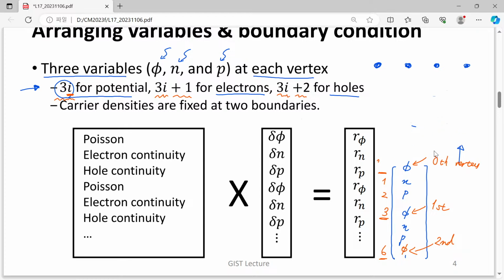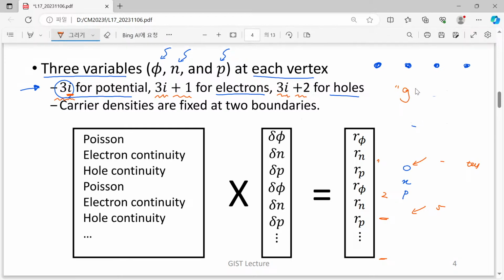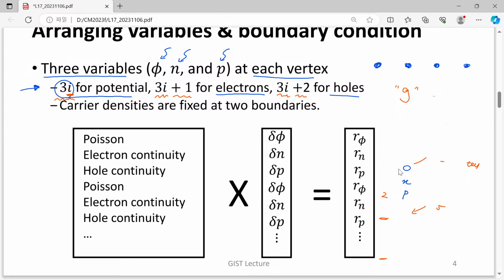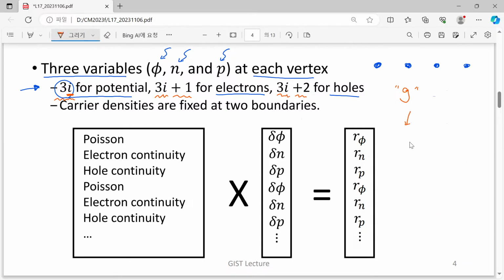so are you all with me? Then let me give you a quick question. If you have the number 9, what is it? If one variable has the index 9, then you can understand this is nothing but phi 3, the electrostatic potential defined on the third vertex.